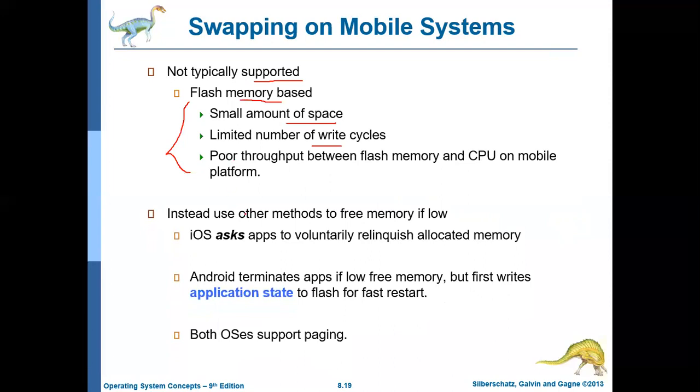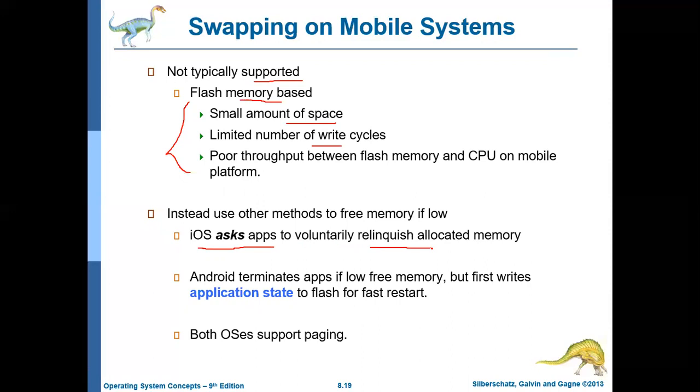Then how does it deal with the problem if you want to open more and more apps? How is the problem solved with mobile applications? If you take iOS, whenever the user wants to add more apps, then iOS asks other apps to voluntarily relinquish allocated memory. Okay.